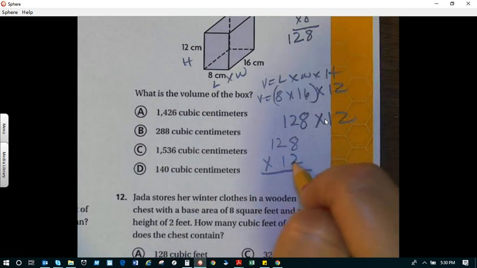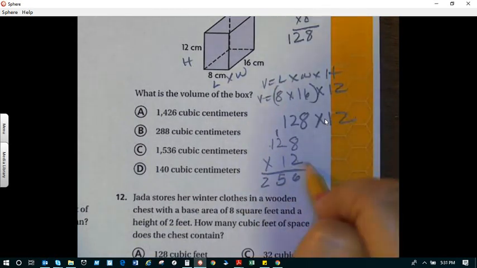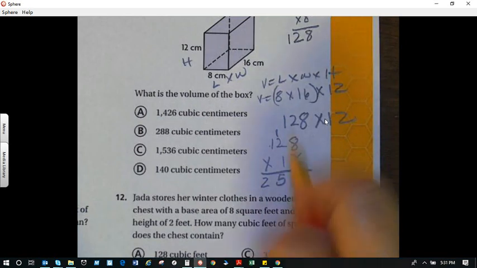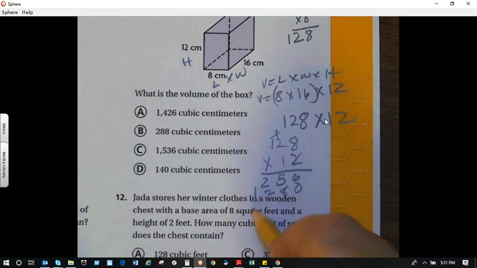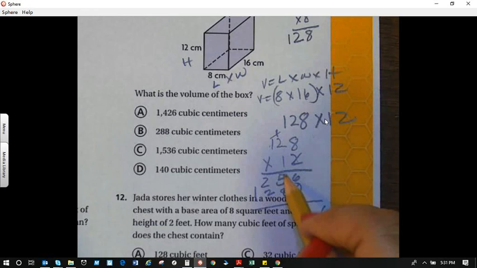2 times 8 is 16. 2 times 2 is 4 plus 1 is 5. 2 times 1 is 2. I'm going to put my 0 here, cross this out, cross that out. And I have 8, 2, and 1. And I have 6, 8, 9, 10, 13, 2, 4, 5, and 1.